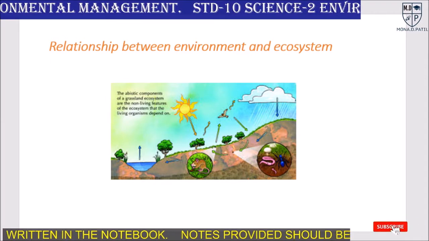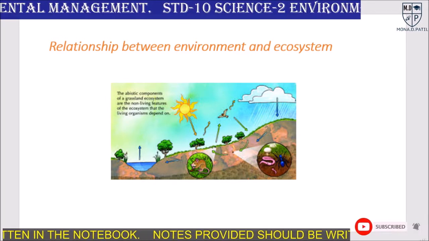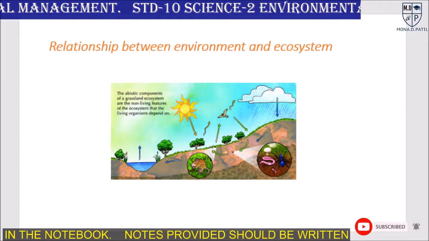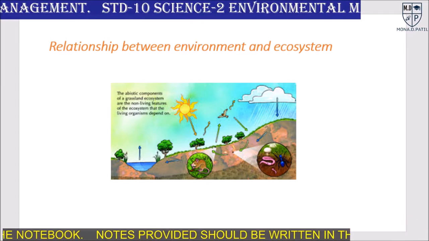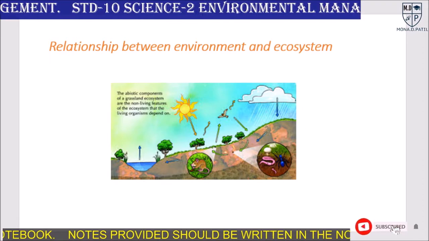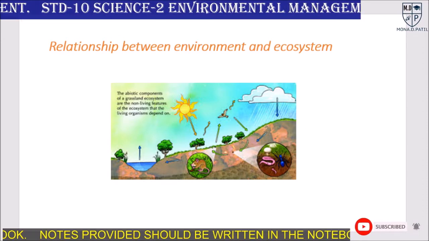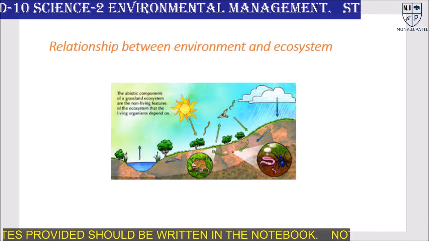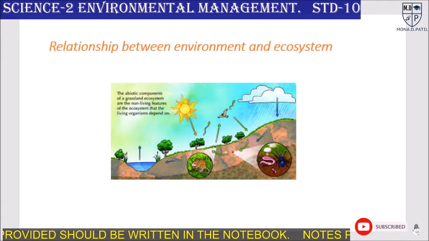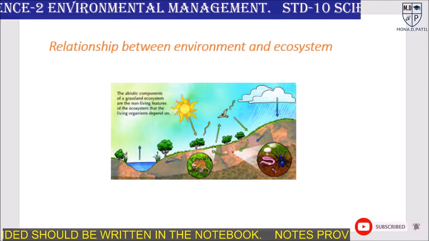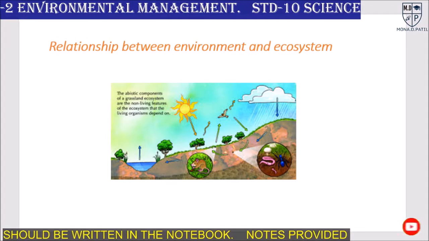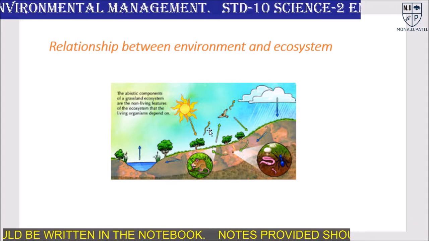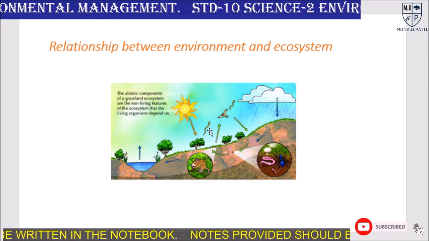In short, environment is the condition in our surroundings. It includes many biotic, abiotic, natural, and artificial factors. There are two main types of environments: natural environment and artificial environment. Natural environment consists of air, atmosphere, water, land, living organisms, etc.